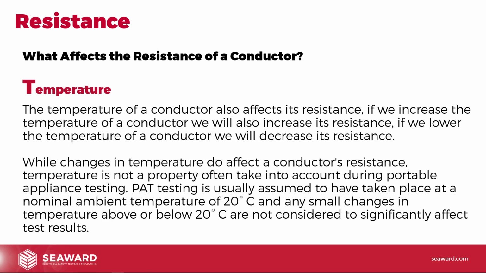But normally with PAT testing, certainly within the remit of the IET code of practice, they just assume an ambient temperature of 20 degrees C. The resistance values, pass-fail limits and all the tables allow for a resistance value at 20 degrees C. So we just assume testing has taken place at 20 degrees C, and it doesn't generally vary much either side of that. But temperature does affect the resistance of a conductor.